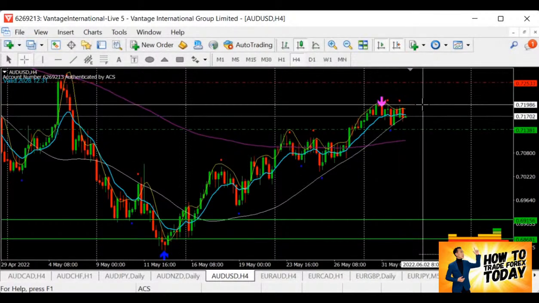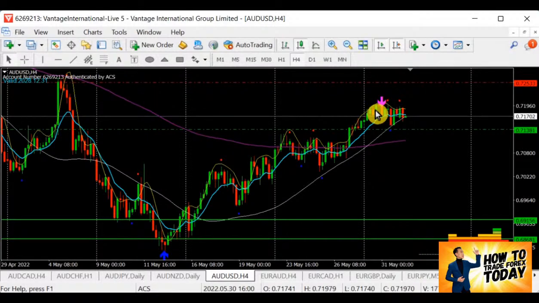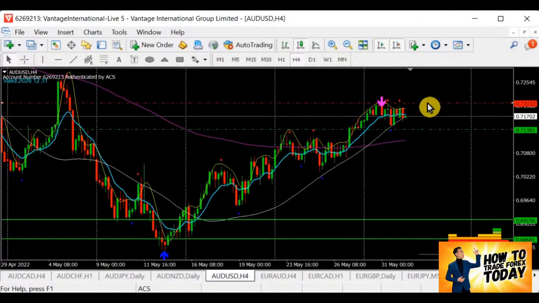Right now, I would say, sorry, Aussie dollar, not Aussie yen. As you can see here, we have one resistance over here. Right now we have a resistance over here, and will that be a good chance for us to sell?